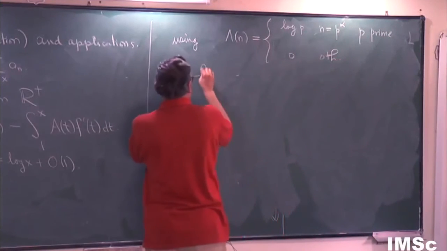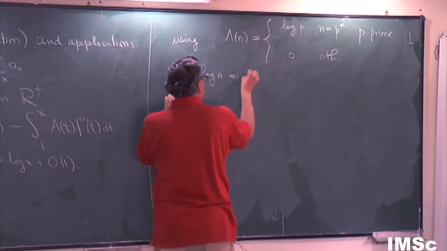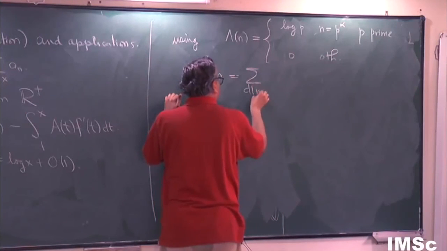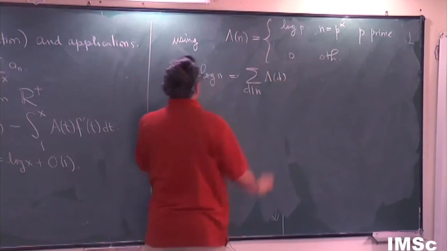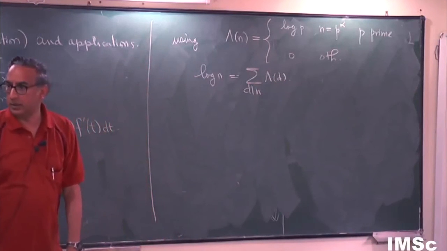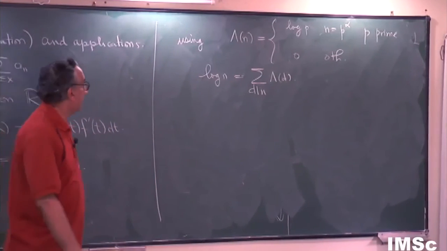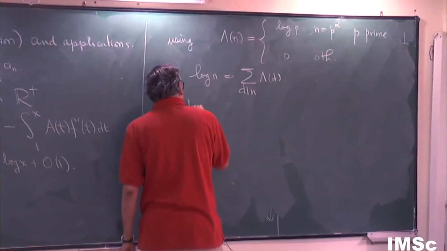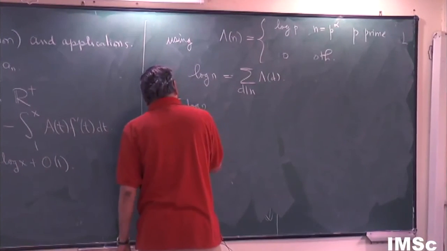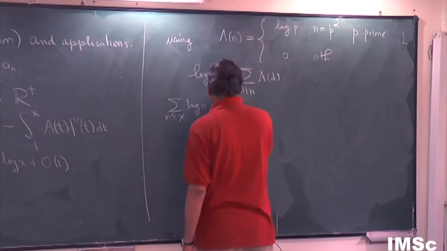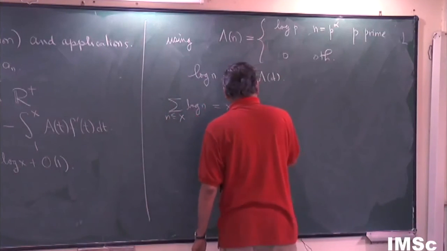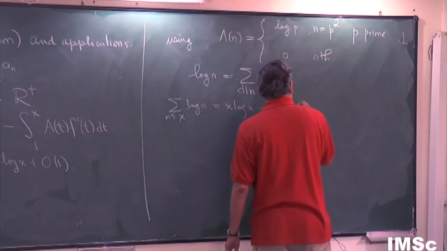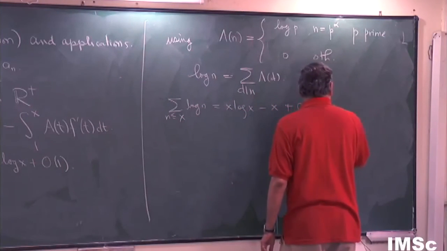And the unique factorization property of natural numbers translates neatly into the equation log n equals summation over d dividing n of lambda d. And we use this fact along with the fact that summation of log n for n less than x, via Abel's lemma, is x log x minus x plus O of log x.